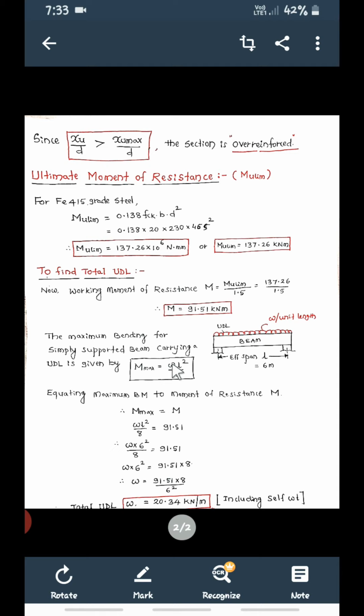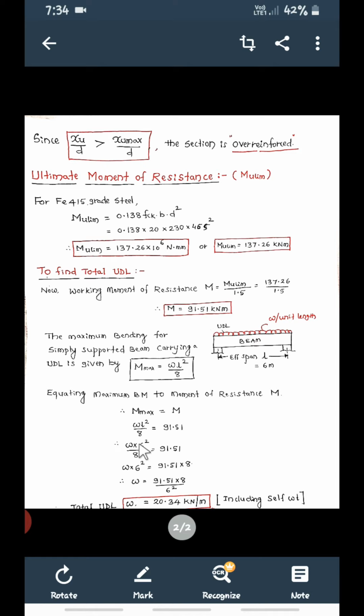This is the bending moment coming on the beam and this is the resistance given by the beam. So these two must be the same. Equating maximum bending moment to moment of resistance M, M max is equal to M. So M max is WL square by 8, which is equal to M, 91.5 kilonewton meter.